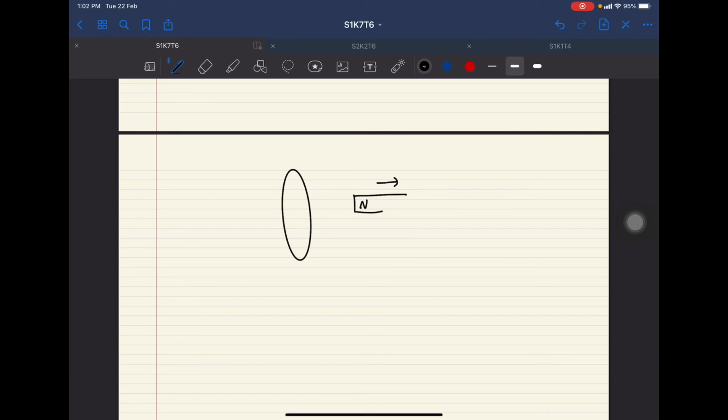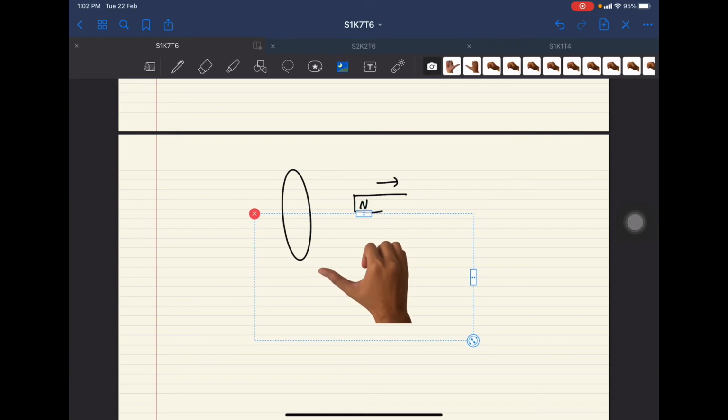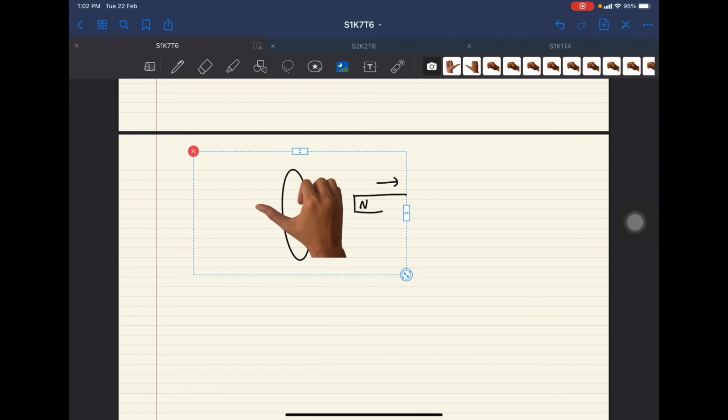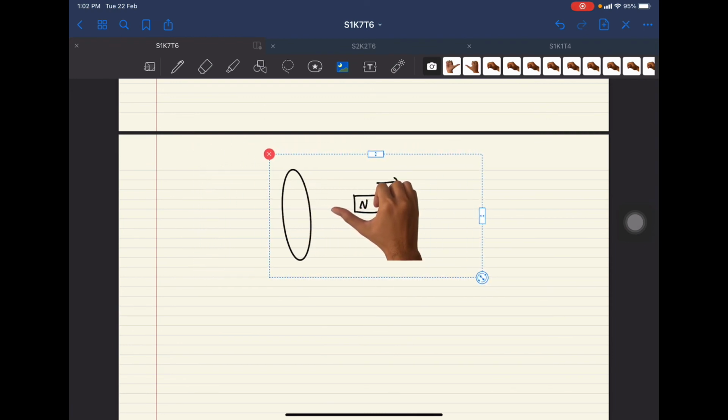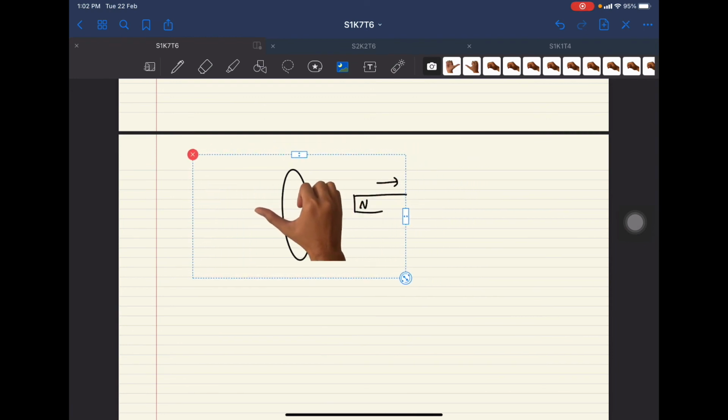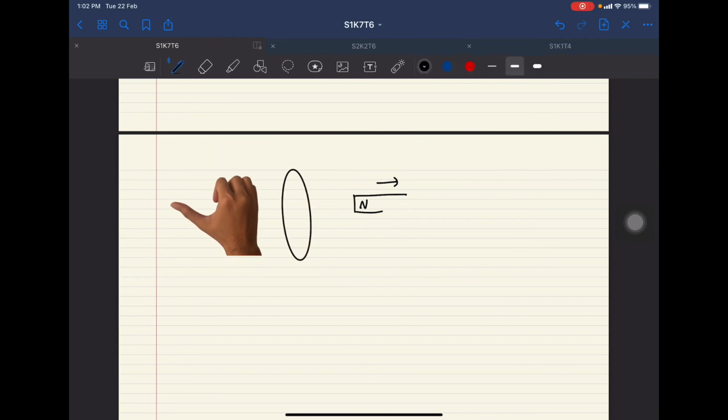Initially it is inside the circular loop itself, so it's being pulled away. So to recover the loss, you have it in the same direction over there. So in this case you will have induced current in that direction. So the key idea here is that the direction of your induced current will try to oppose the changes.